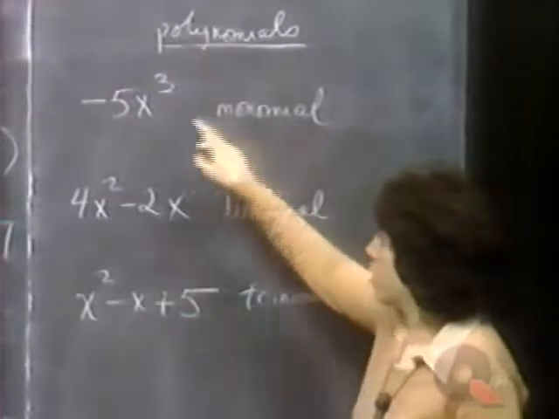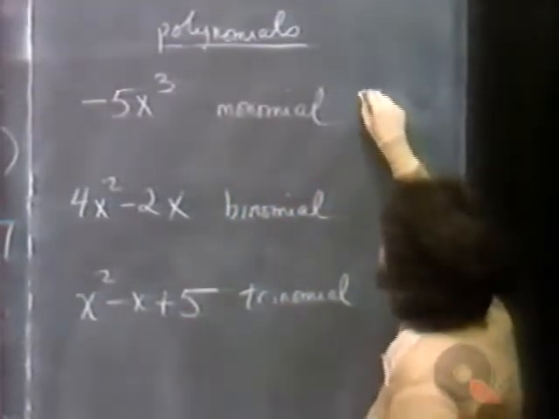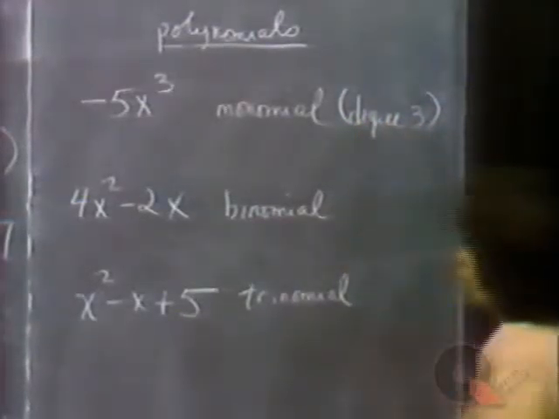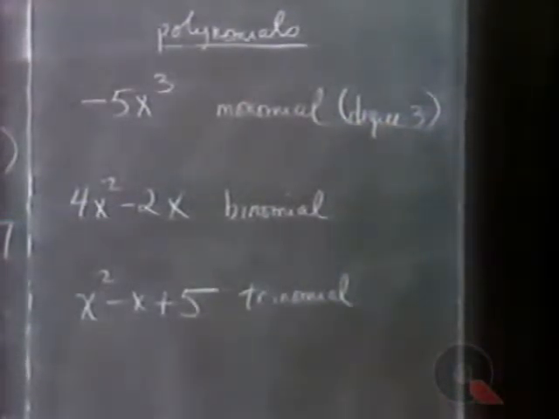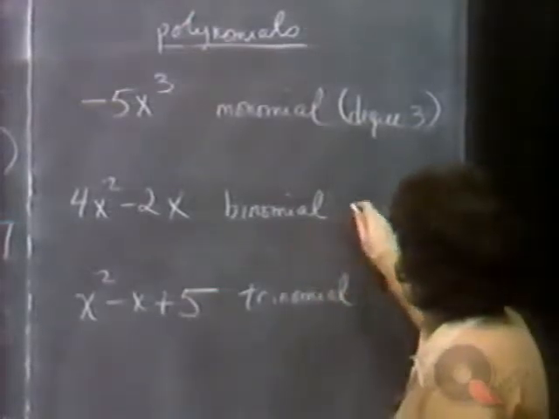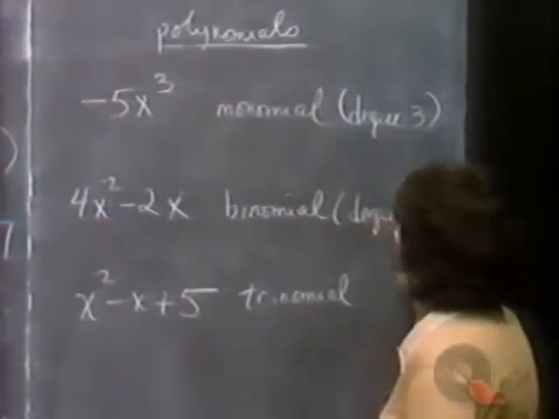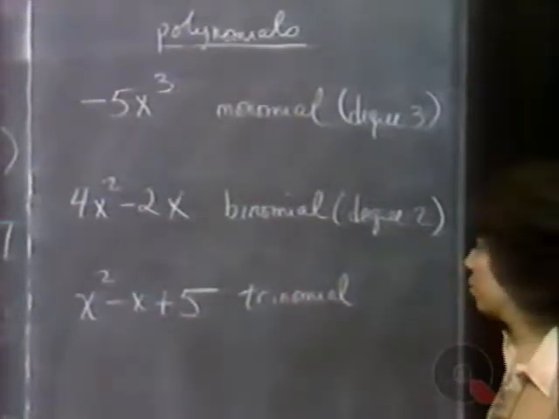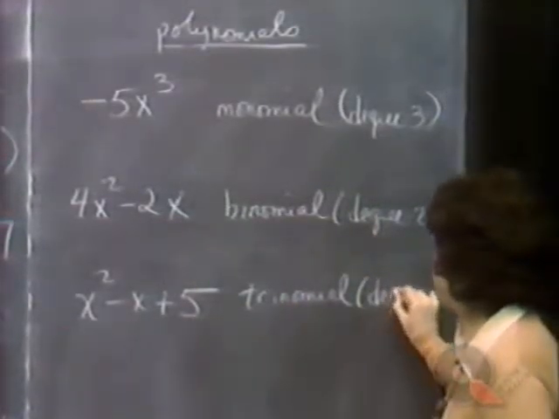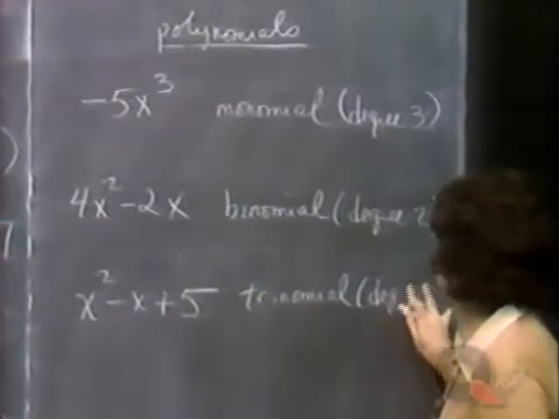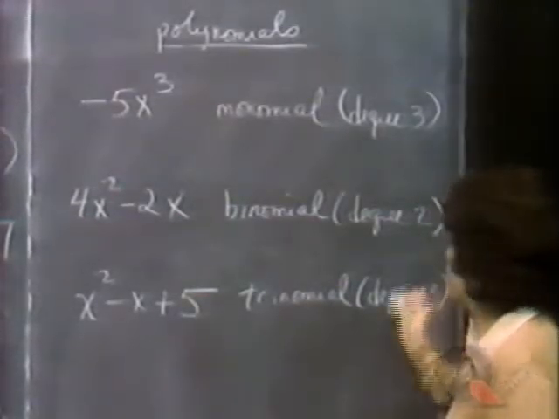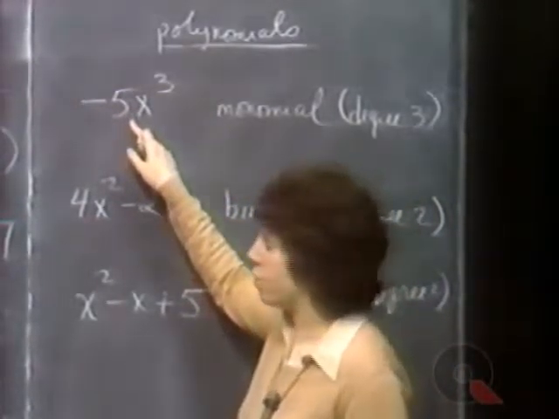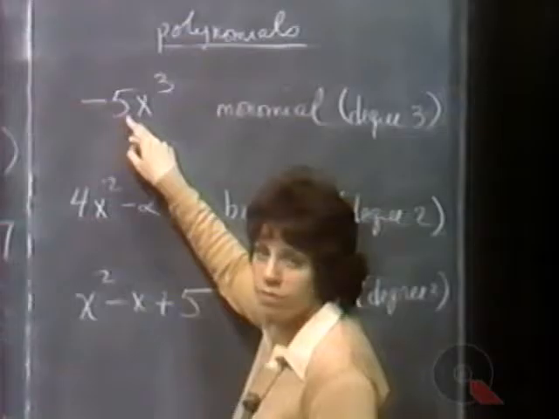Now this monomial up here has degree 3. It's in one variable x, and the highest power to which x is raised is 3. The binomial has degree 2. The highest power to which x is raised is 2, and the trinomial also has degree 2. The numerical coefficient of this term is minus 5.